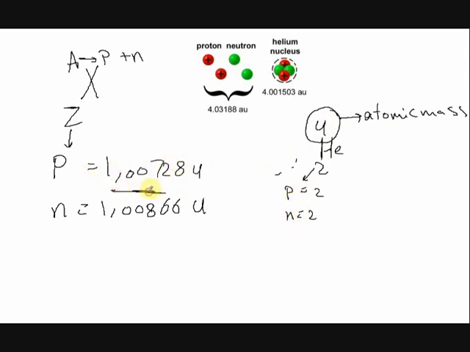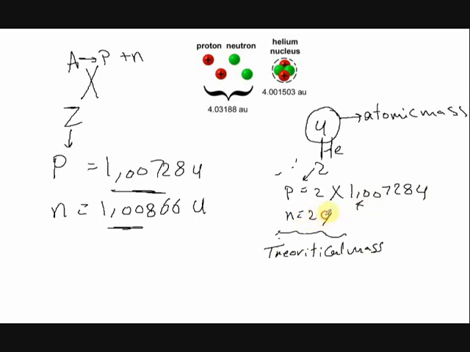The mass of a proton is 1.007 and the mass of a neutron is 1.008. The theoretical mass equals the number of protons times its mass plus the number of neutrons times its mass, which equals 4.03.